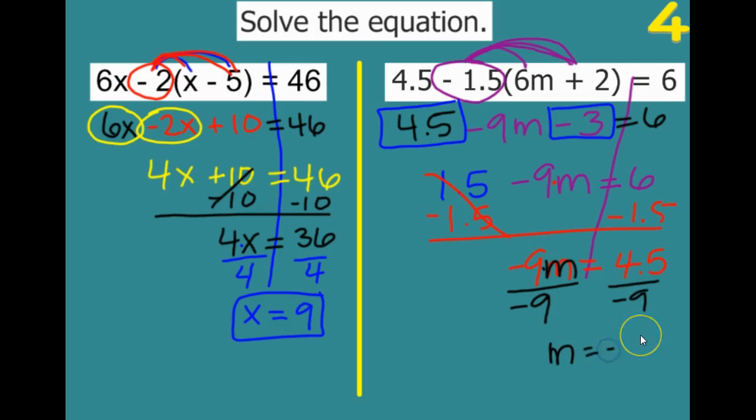I know my answer is going to be negative. 4.5 divided by 9, this is really 1/2, or 0.5. If you wanted to leave it as negative 1/2, that's fine as well.